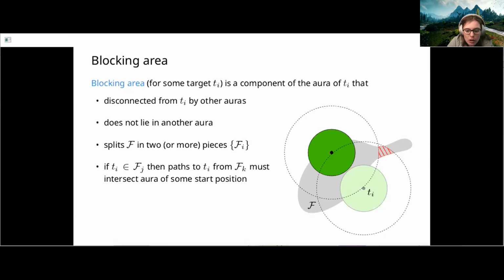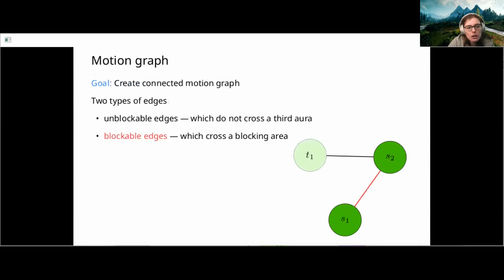Okay, so how can we deal with this? Well, we'll simply remember that some of the edges in our motion graph are blockable edges. They may be blocked if there is a robot in the corresponding target location, and we'll have to somehow fix it, make it work.